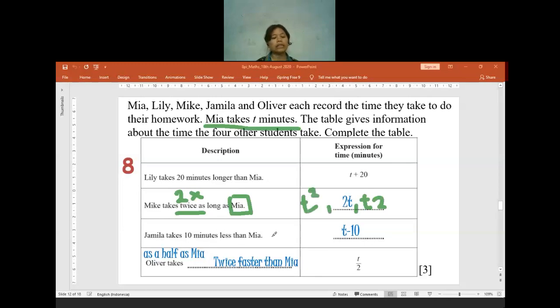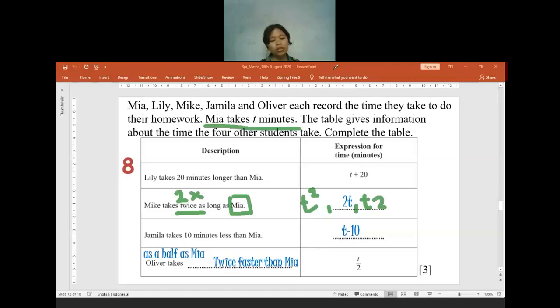And then for question C, Jamila takes 10 minutes slower, so T minus 10. For the last sentence, you already have the expression. You can say it takes half the time of Mia, or twice as fast, or half the time less than Mia. That is also okay.